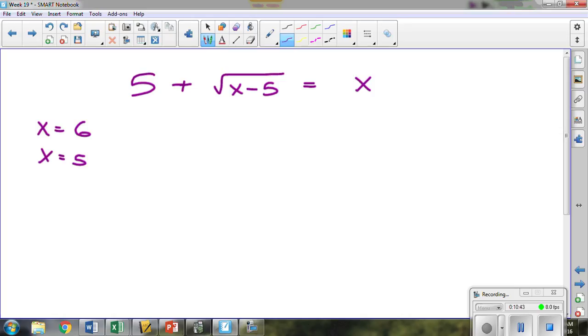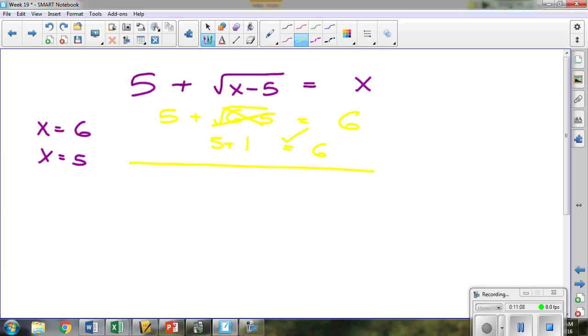If we plug in 6 minus 5, is that true? 6 minus 5 is 1, and the square root of 1 is just 1, so yes, this one checks out.